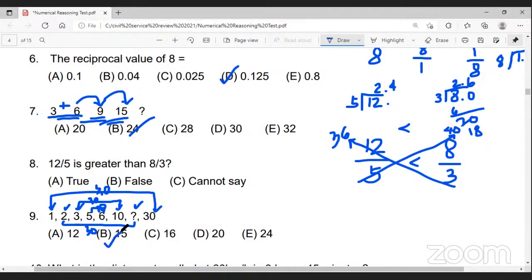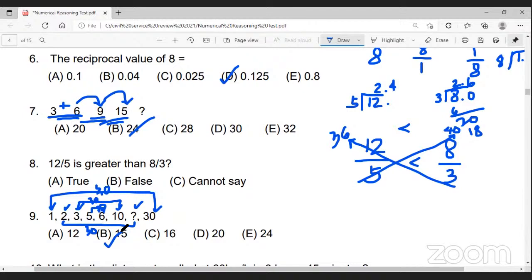15, ma'am. 15. So, do not limit your looking for the pattern to a consistent operation to get its next term.